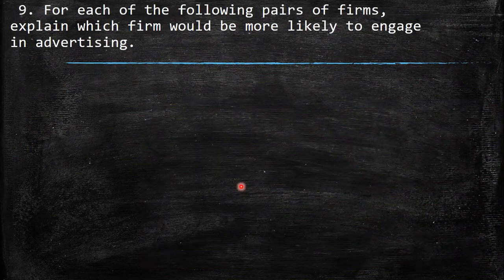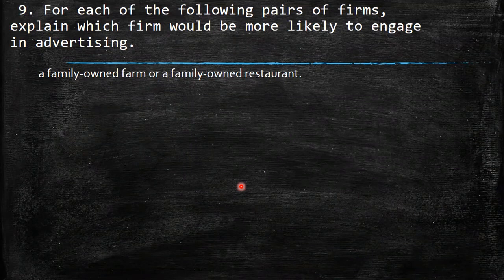Now, for each of the following pairs of firms, explain which firm would be more likely to engage in advertising. This is kind of subtle, but let's think about this one. Family owned farm or family owned restaurant. It should be the family owned restaurant. Why? Because when a firm is in a monopolistically competitive market, it has more incentive to invest in publicity or advertisement.